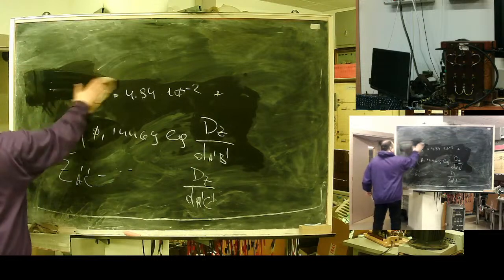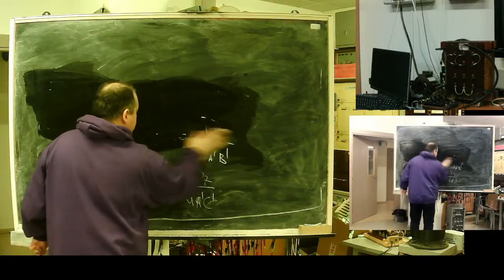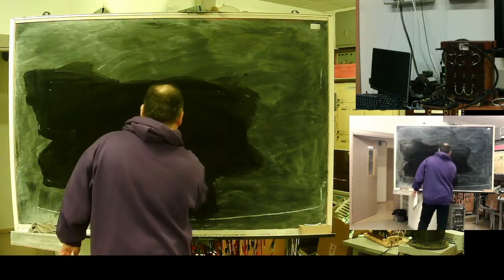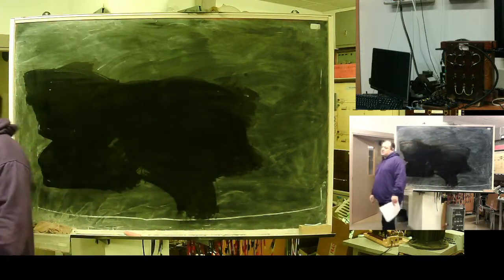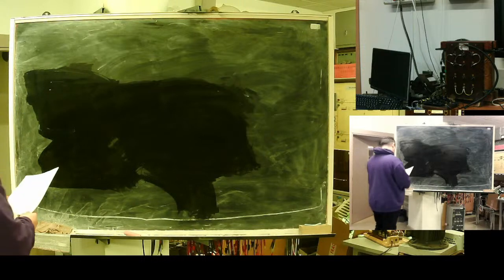So, if I combine all these three formulas in one, I will get the so-called self-voltage drop, the voltage drop in the absence of the second line.